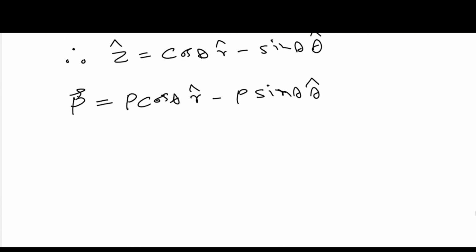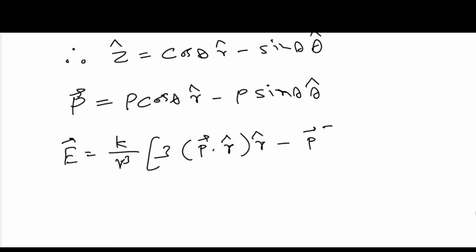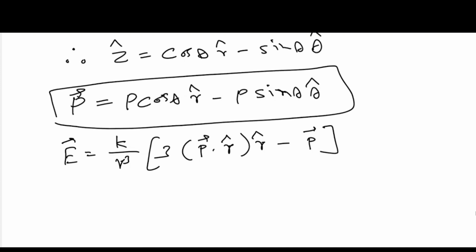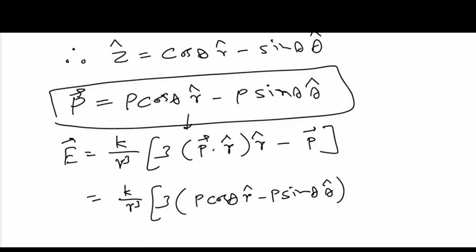So let's start with this equation. E is k upon r cube times 3 p dot r cap r cap minus p, and let's plug in this expression into this and we will get k upon r cube times 3 times p cos theta r cap minus p sin theta theta cap.